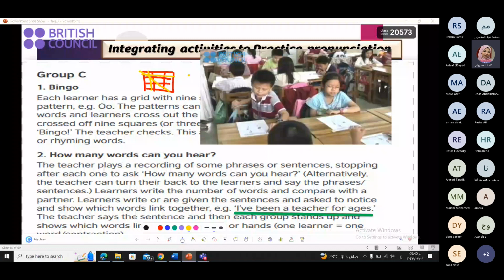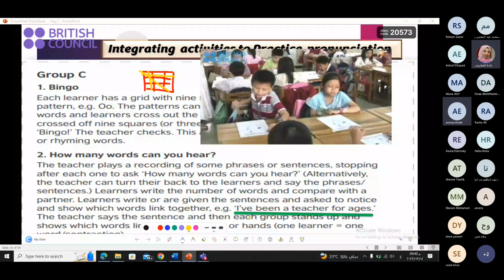Also, you can use an activity which is about how many words can you hear? So you say a sentence and you ask your students, how many words have you heard in this sentence? For example, I've been a teacher for ages. How many words are there in the sentence? I've been a teacher for ages. How many words? 7.